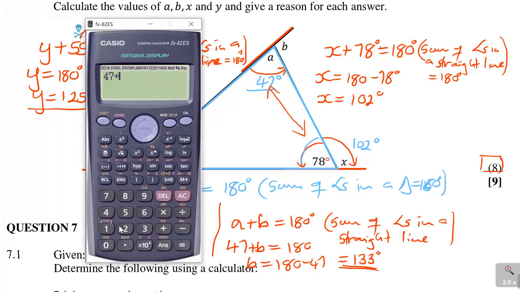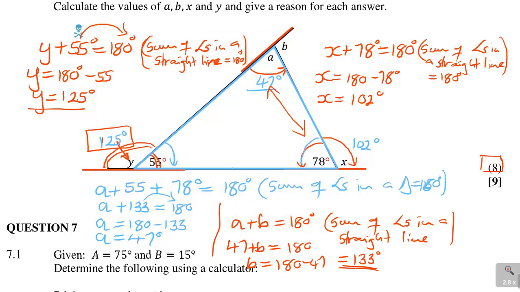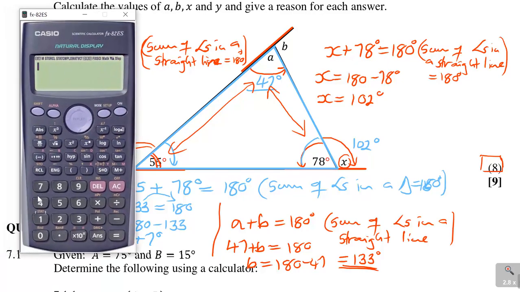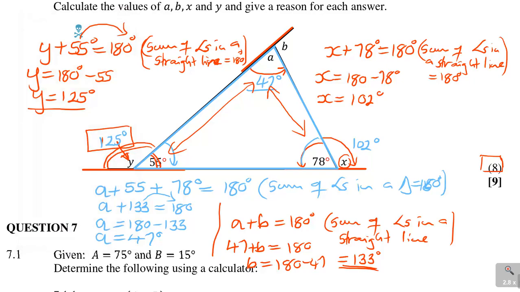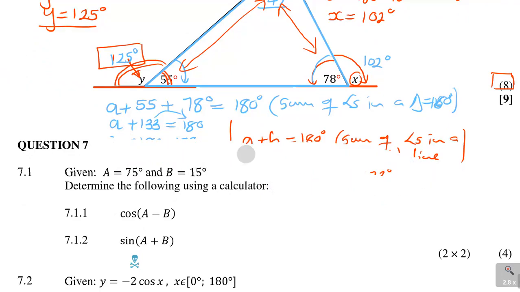So 47 plus 78, you can see that is giving me this 125. Or you could have said, look at this exterior angle, this x is equal to these two added together. So 47 plus 55 would have given you x, which is 102. So these are different ways you could have approached it. But for now, I was just using one concept. All right. Now let us move on.